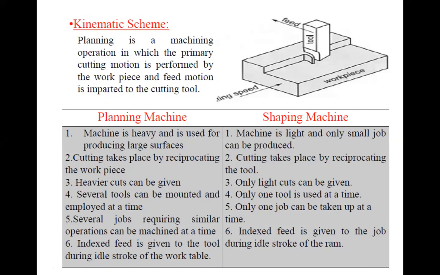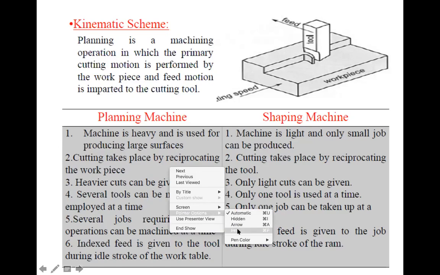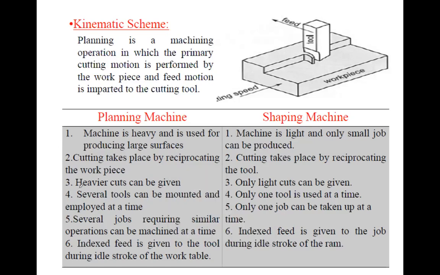Because the planing machine is used for heavy workpieces, heavy cutting can be performed on the planer. Whereas on the shaper we go for light cutting, because the workpiece is smaller in size, so only very small cuts are made.